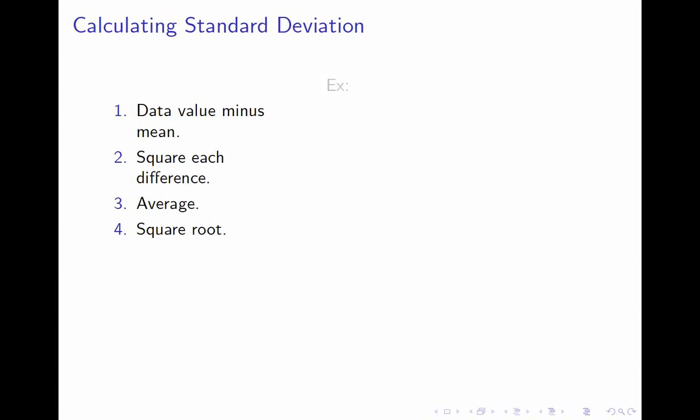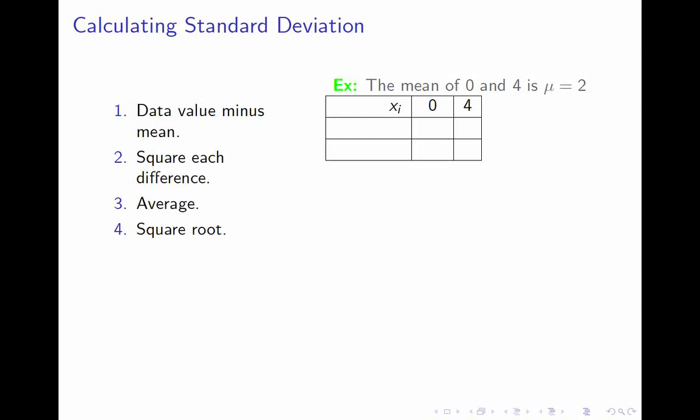Okay, let me show you how to calculate the standard deviation in a very simple case. Here's my simple case. I have 2 data points, the numbers 0 and 4. The first step is to find the mean, and of course, the mean of 0 and 4, 0 plus 4 over 2, is 2. Okay? So the first step, and it's nice to make a little table like this, is to take each data point minus the mean.